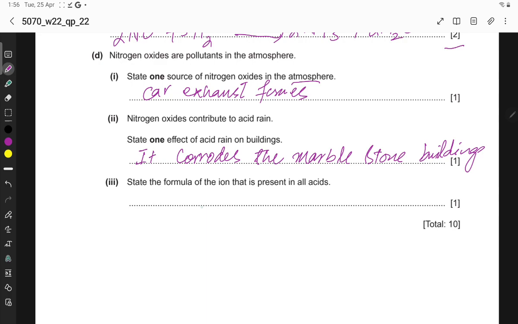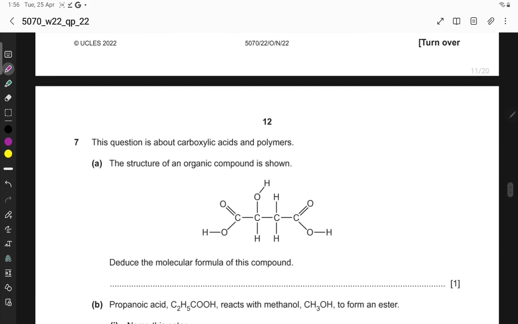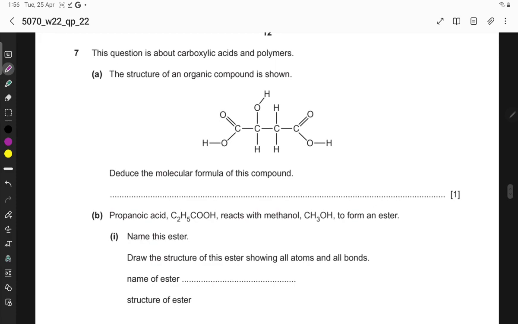State the formula of the ion that is present in all acids: H+. This question is about carboxylic acids and polymers. The structure of an organic compound is shown. Deduce the molecular formula of this compound. 1, 2, 3, 4, C4.